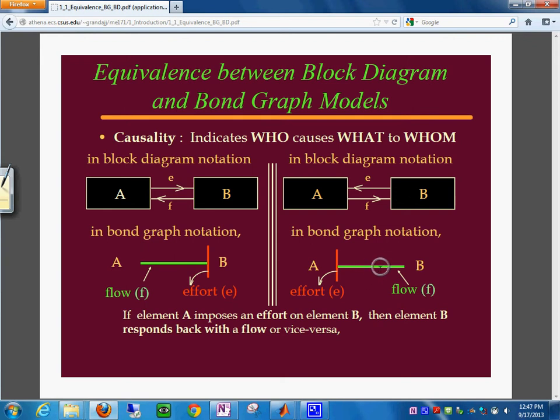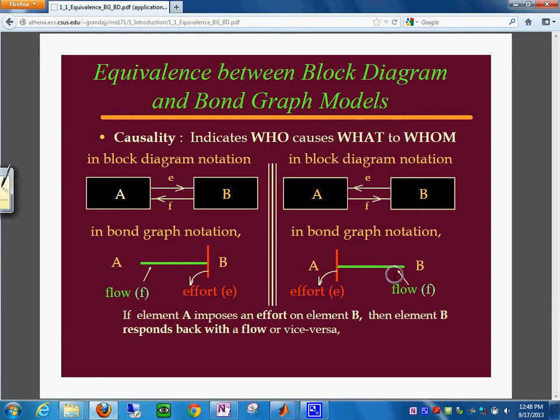Just hold this as if you hold the green line with your right hand or left, depending on whether you're left or right handed, but you hold it with the right and push it towards A. If you press your right hand B to A, you have this so-called causal stroke. And then from A to B, there's this junction line.